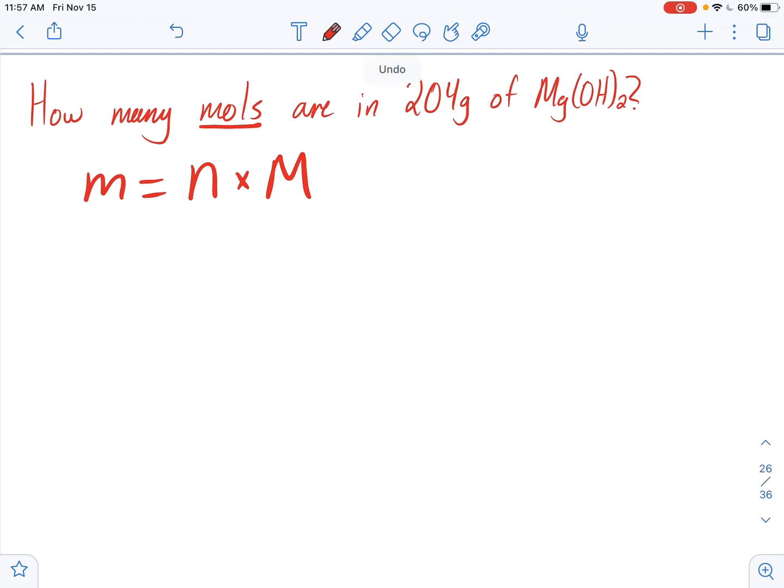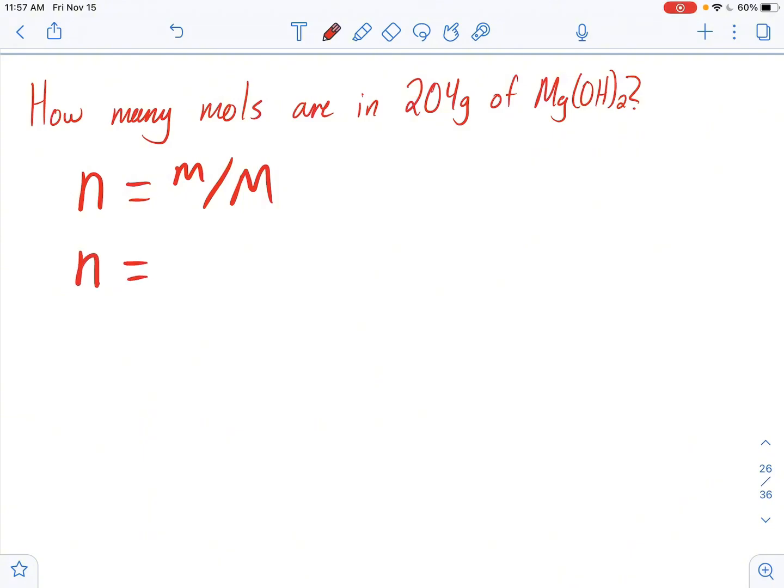And the way we do that is by dividing by molar mass here, cancel these out, and dividing by molar mass on the other side. And what we get is mass over molar mass equals the number of moles. So I can rewrite this as the number of moles equals the mass divided by the molar mass.